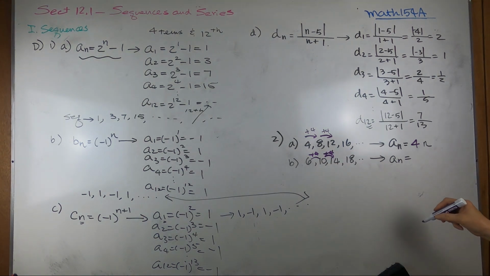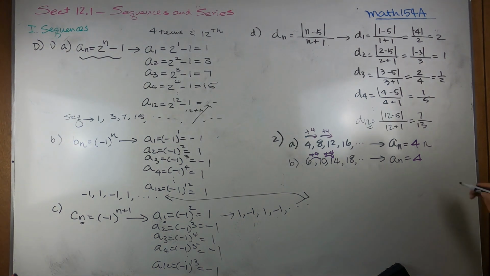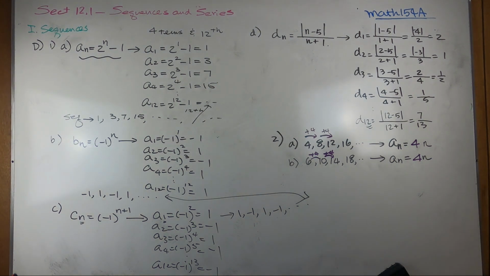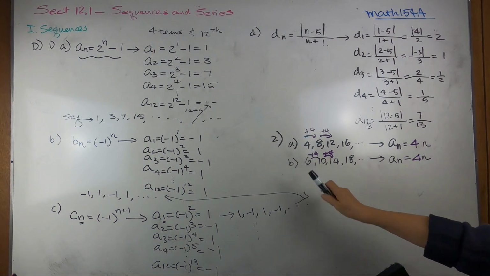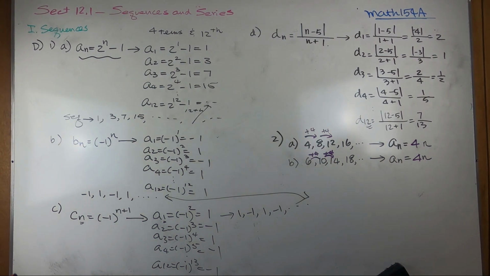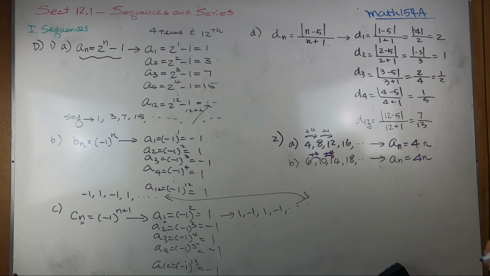Still, then we say add 4, I should have a 4n, right? However, it doesn't work because n is 1, it's supposed to be 4, but now it's 6. What can you do? You have to match the first term to the first term so you can check. You have to add 2, then that will work.